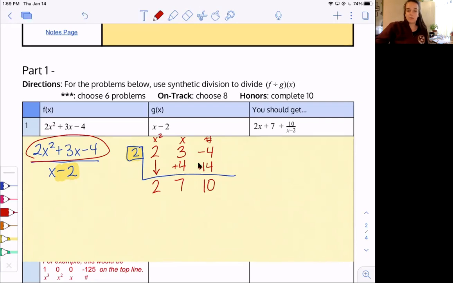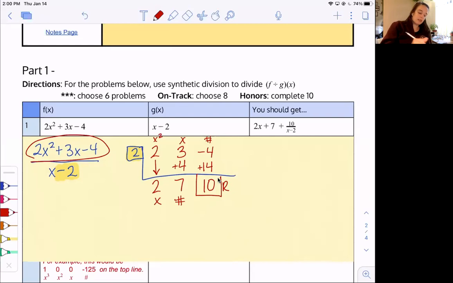Right, so -4 plus 14 will be 10. It's the same as 14 minus 4, so +10. 10 is my remainder. Yep, good. 10 is my remainder. 7 is my number. 2 is my x.